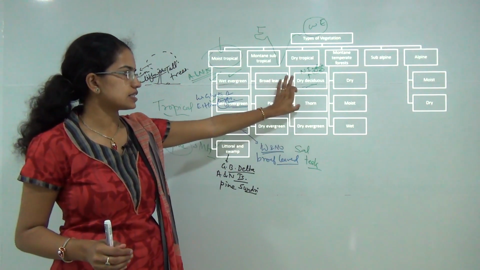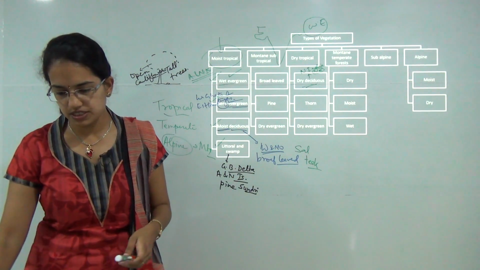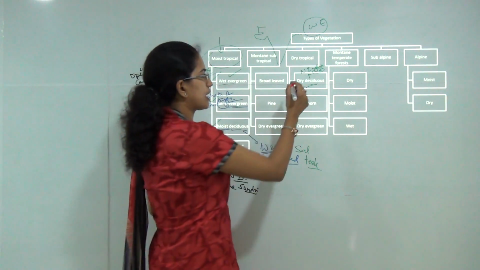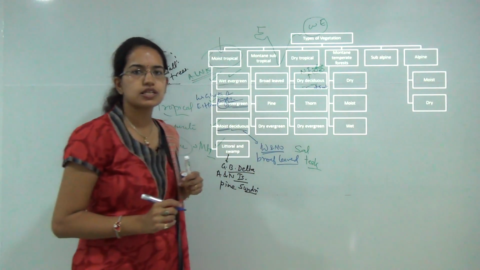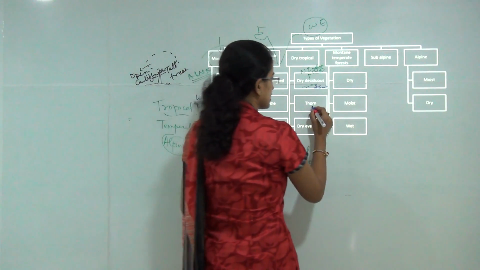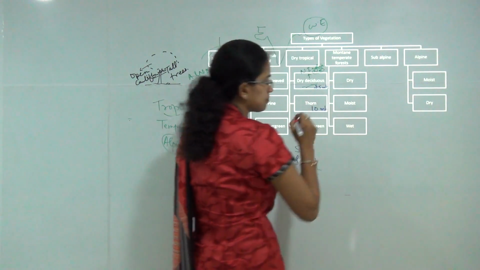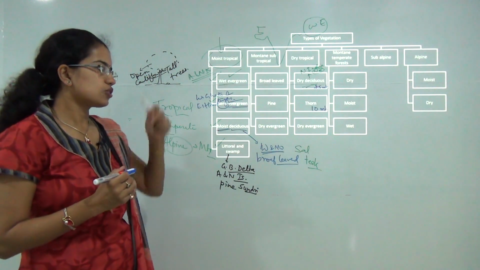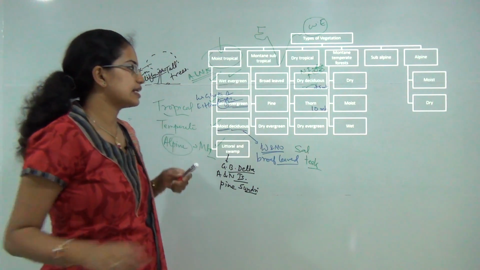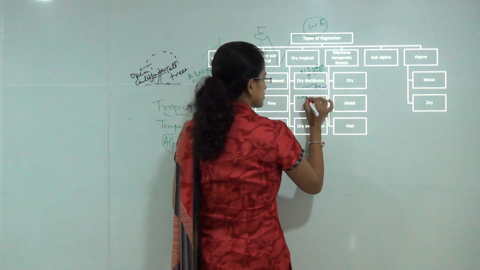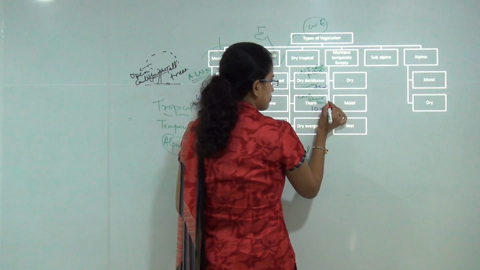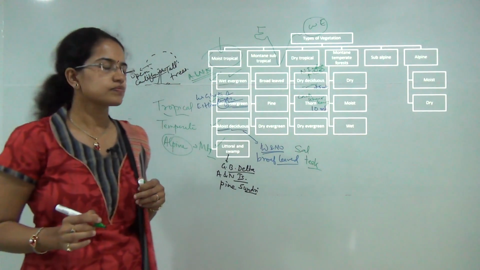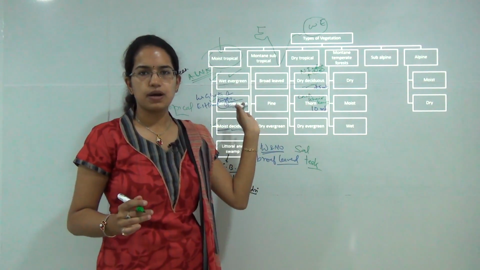A major difference between thorny vegetation and dry deciduous is that you have a canopy of height up to 25 meters in the case of dry deciduous, while the same canopy in the case of thorn is 10 meters. So you have thorny vegetation like cactus, acacia, kher, kanju as some of the major vegetation in this region, mainly found in the western parts of India.